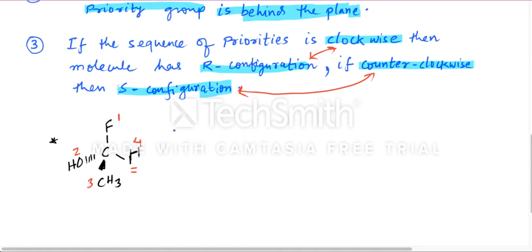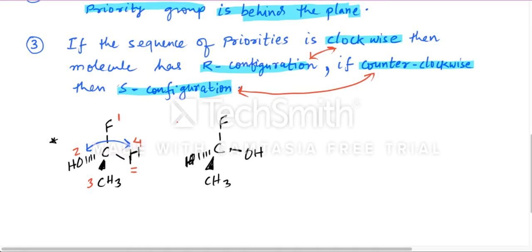So either we can rotate the molecule so that H goes behind the plane, or we can adopt a different methodology. What I'm doing here is exchanging the position of hydrogen and OH. If I do so, then we get a different structure. The position of fluorine and CH3 remains the same, but the hydrogen and OH group are interchanged.